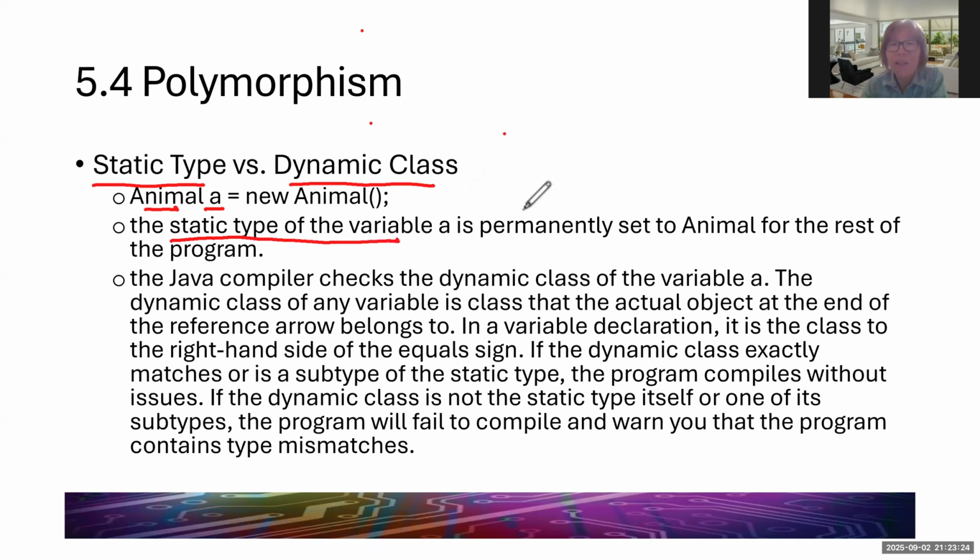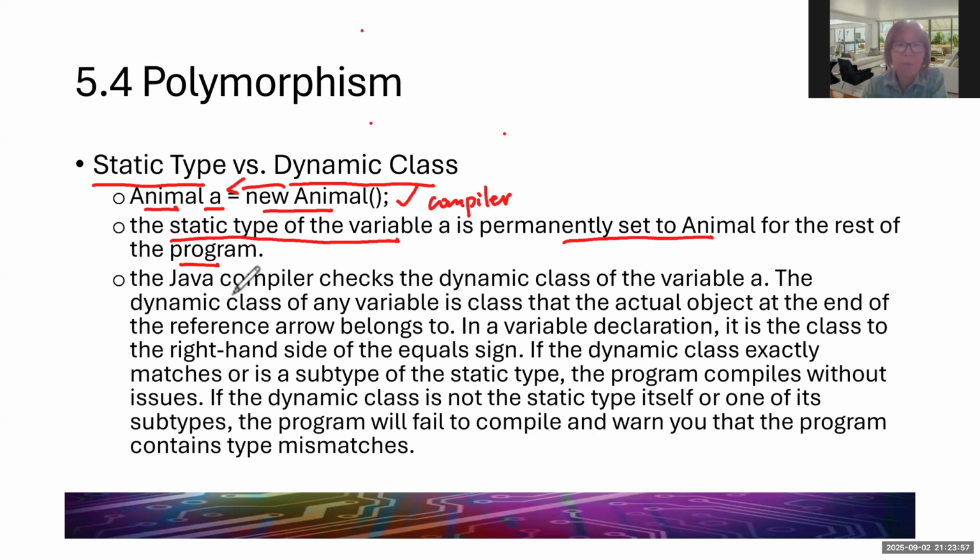This static type is permanent, set to Animal for the rest of the program. And you can do new Animal, so the types match with each other. So the compiler will also allow this. This is a legitimate statement, since the type matches the variable type that you declared.